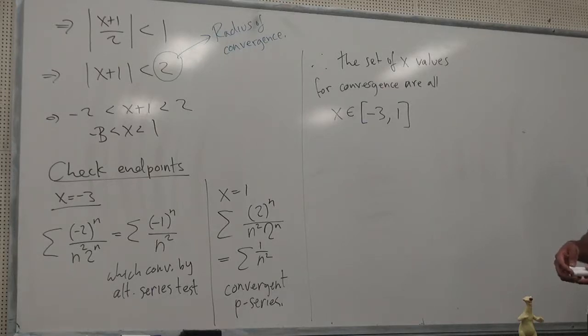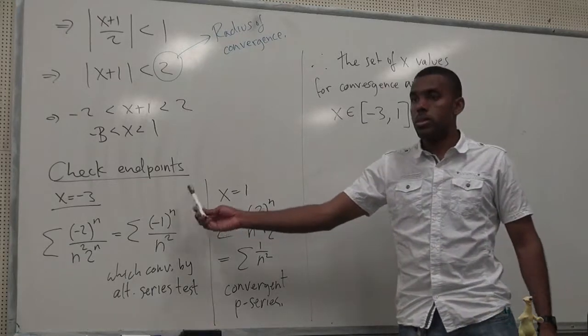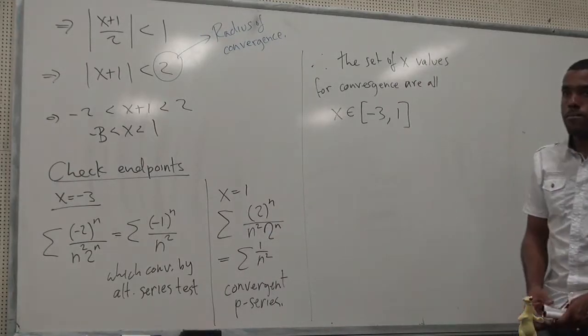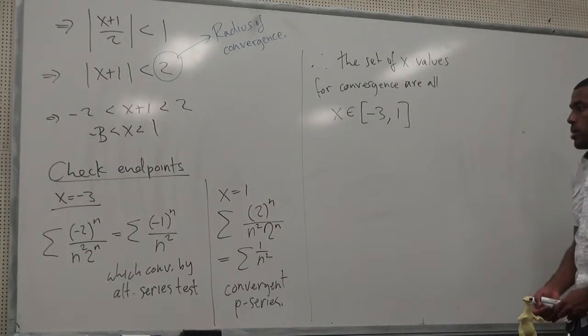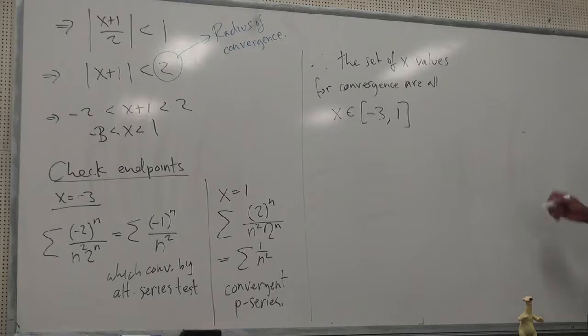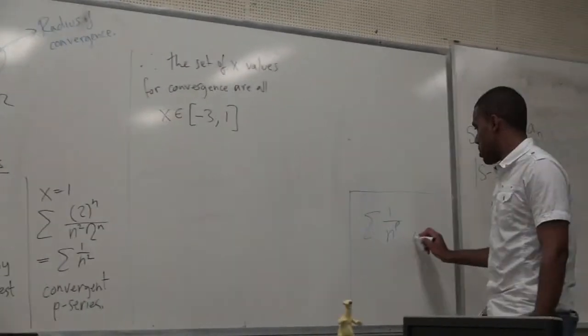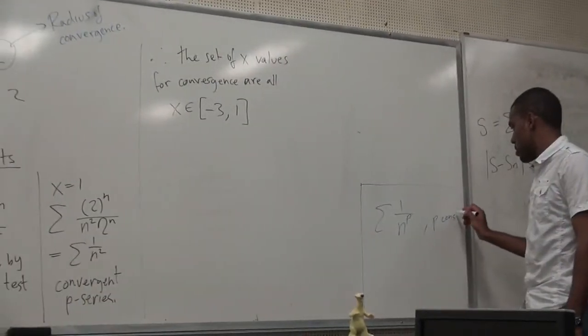Because of the negative sign, you can't. Yeah, it's not a p-series if it's alternating. It's very, very specific. Only things that look like this are p-series, where p is a constant.